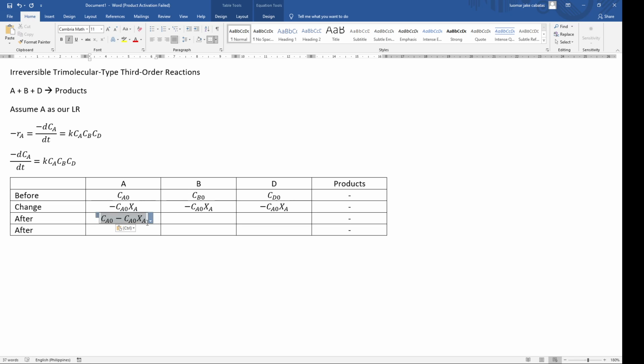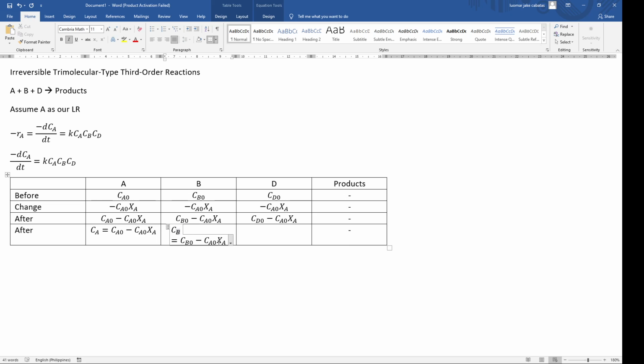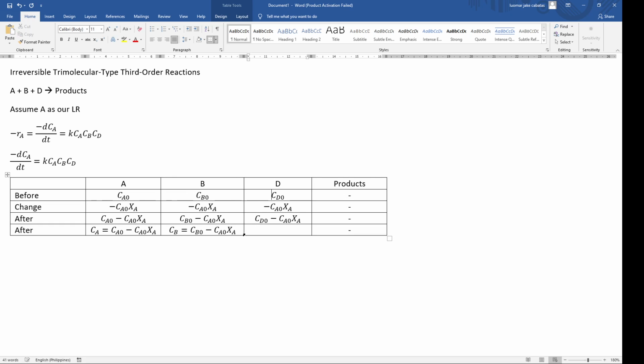So you have that for A, for B, and for D. So just have to change this into the proper subscripts, and all of this is equal to CA. This one is CB0. This one is B.